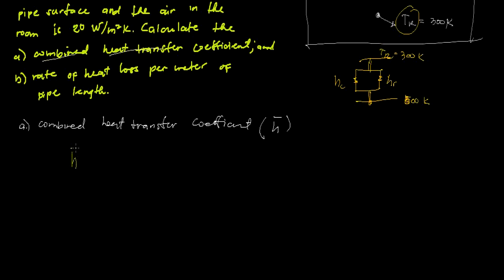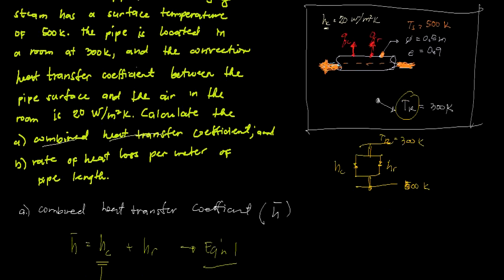H is equal to the heat transfer coefficient of convection, HC, plus radiation, or HR. Okay, so say this is our equation 1. And by looking at this equation, we already have the value of HC, where HC is given.